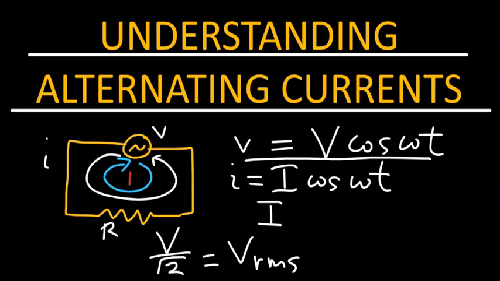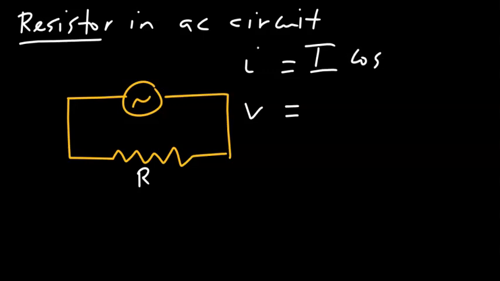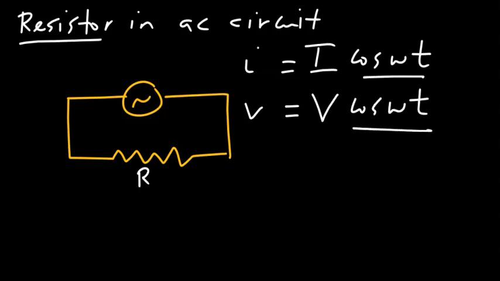Likewise, the root mean square of the oscillating current is given as the current amplitude over square root 2. We note that for such a circuit in which there's only a resistor in that AC circuit, both current and voltage are represented by the same oscillating function, namely, for current it is capital I cosine omega t, for voltage capital V cosine omega t. So they are both proportional to cosine omega t.